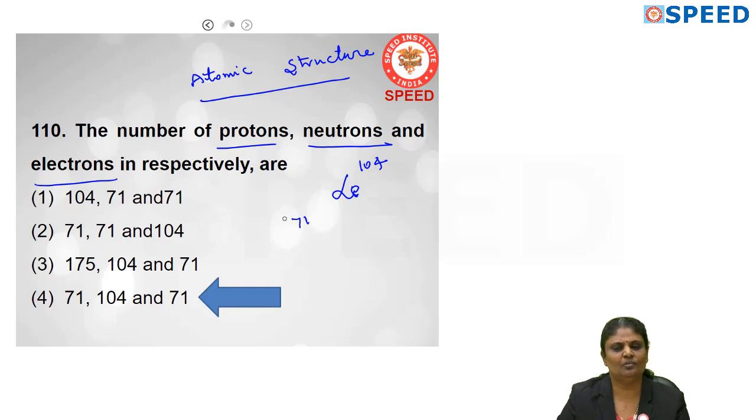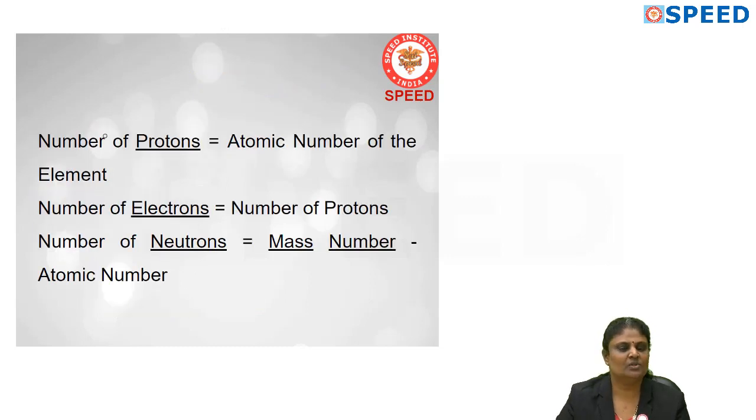And then 104 you have to minus this one, so neutrons. And electrons are respectively 71, 104 and 71, which is the correct answer. The number of protons is equal to the atomic number of the element, and the number of electrons is equal to the number of protons.